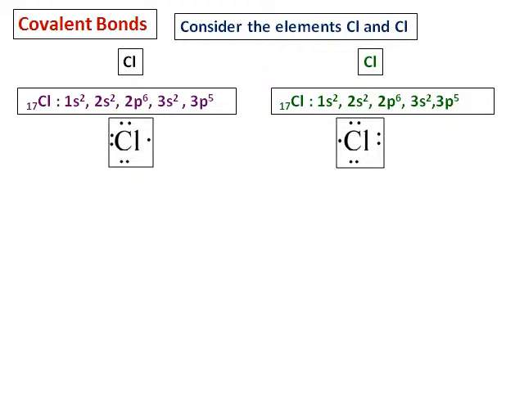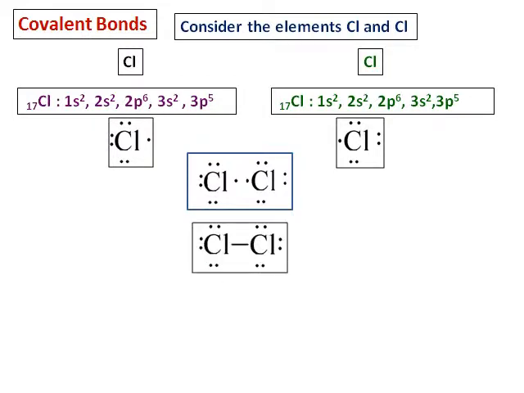But in this case, since each one needs 1, they come close by and share the electrons. So you can see that we have the 3 pairs on the 3 sides of the Cl, but in the middle we have that 1 electron which comes from both the Cls.